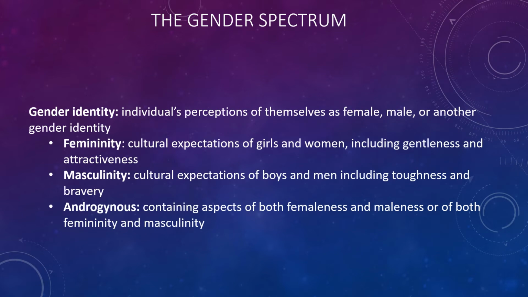Gender identity, then, is the individual's perception of themselves as being female, male, or another gender identity. And terms we can use surrounding gender identity include femininity, which is cultural expectations of girls and women. Examples of those include gentleness and attractiveness for females.